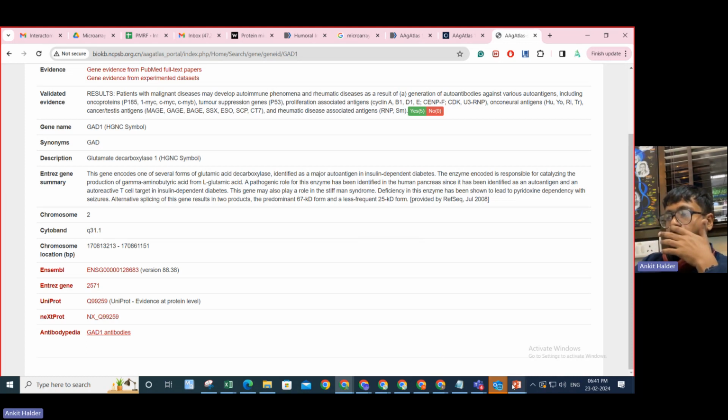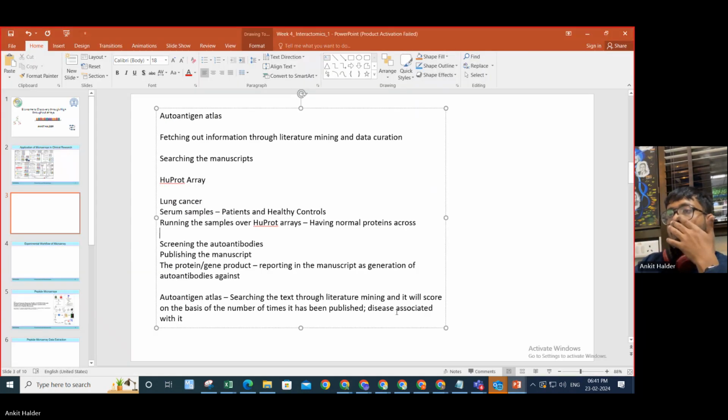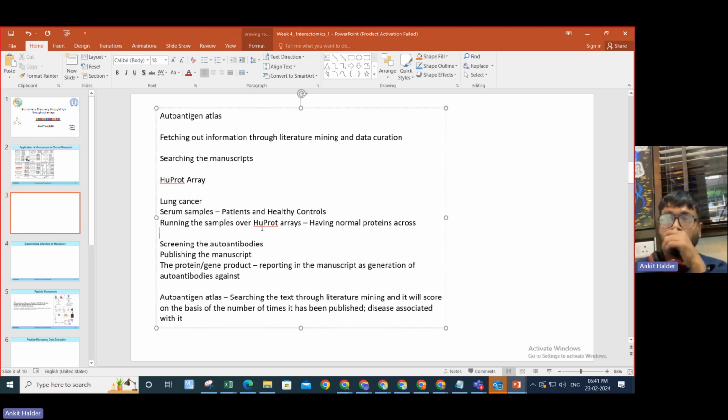Now I am hopeful that you have got an idea about why antibody arrays can be helpful. These are also an excellent way to learn about the autoantigens of a particular disease.